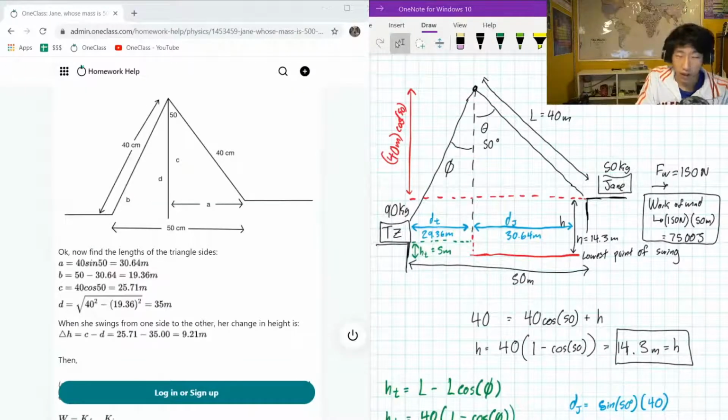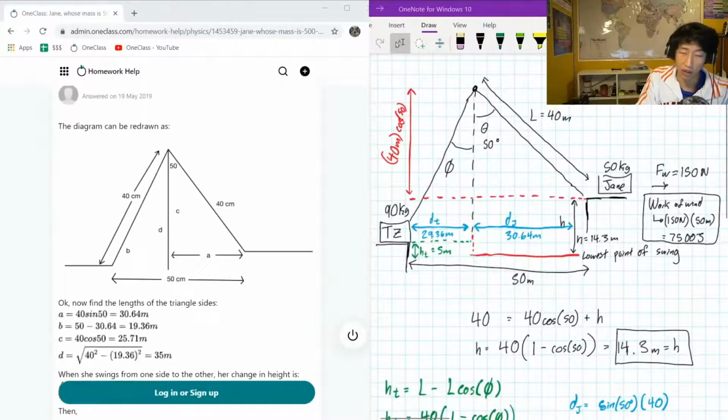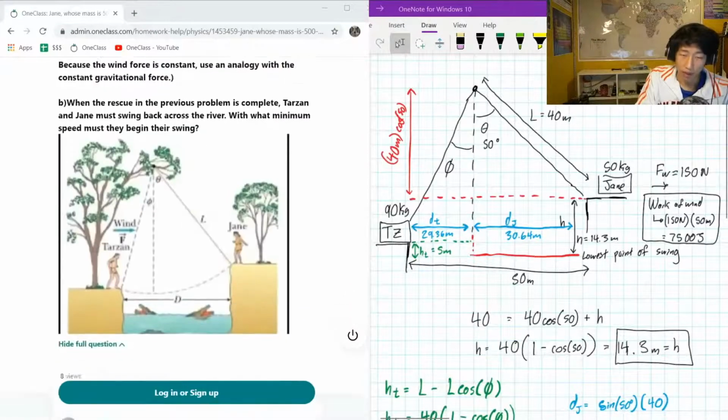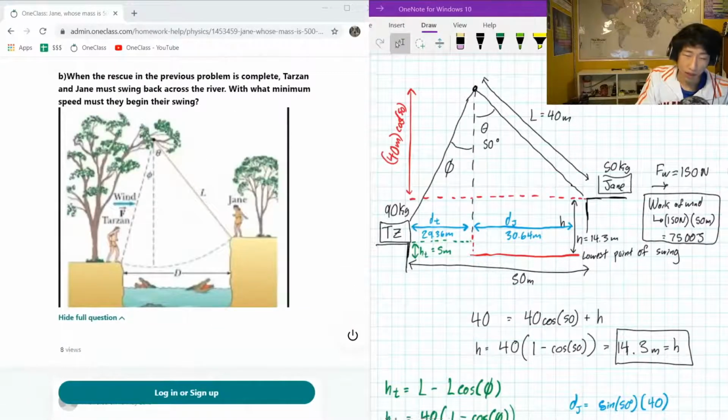Okay, so now that we have this diagram complete and all the work and all that, we can start moving towards actually calculating Jane's journey and what we should do in response to that. As you can see from the diagram, as Jane goes down, she's going to lose some height, and because she's losing height, she's losing gravitational potential energy, and she's also gaining kinetic energy as that happens.